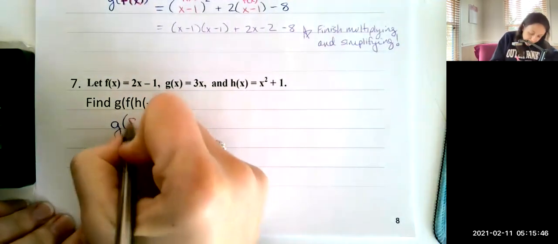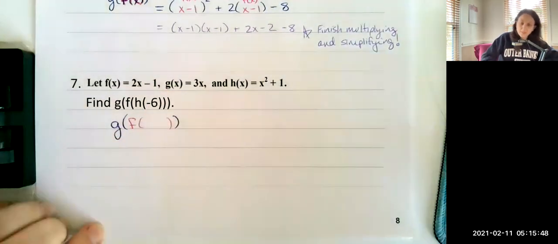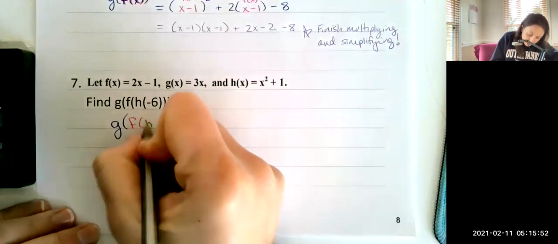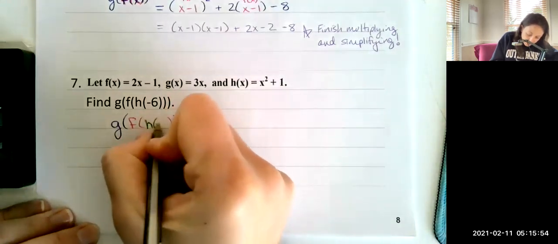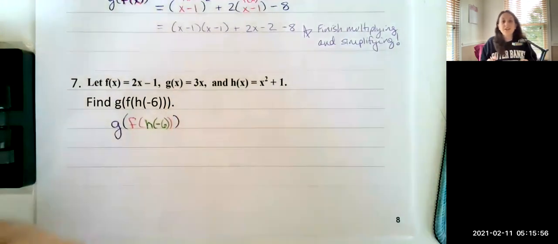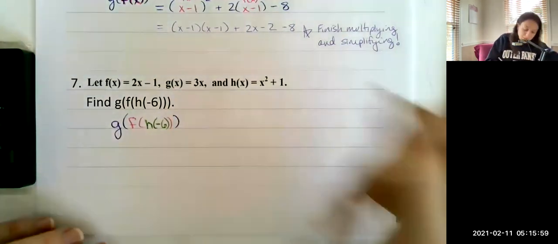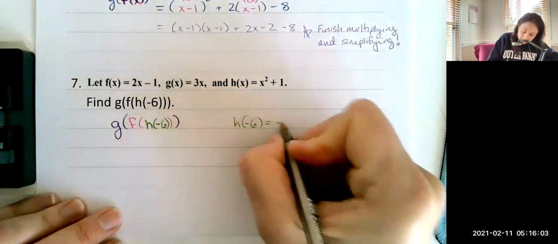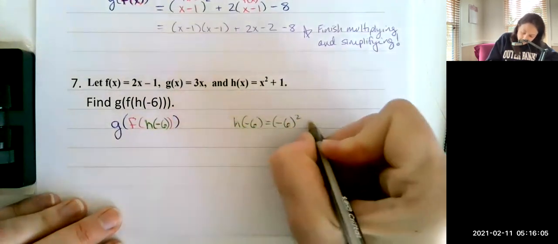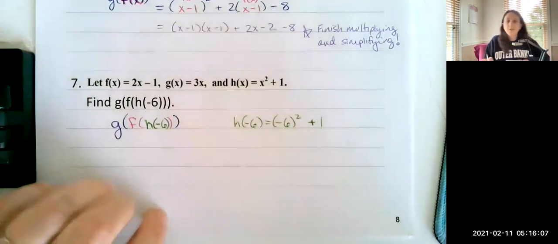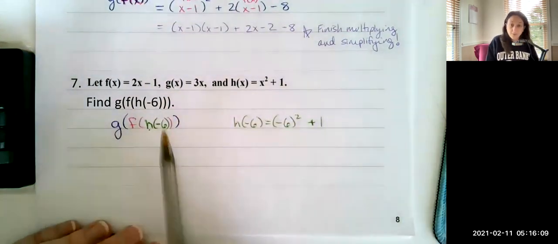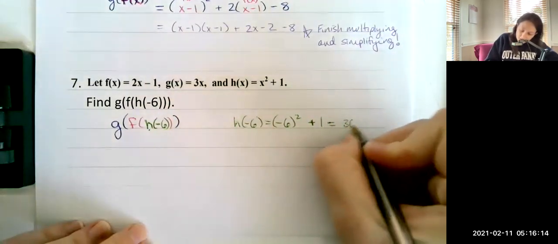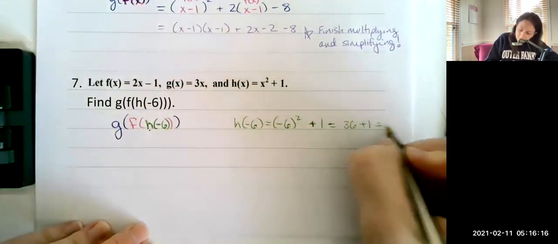Then I have f next. And then finally, I have h. And h actually has a number. That means that I can start with plugging in that number. So I take h of -6, plug it in. That gets me 36 plus 1, or 37.